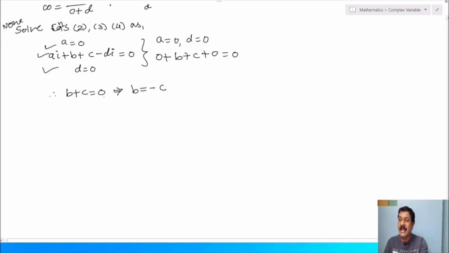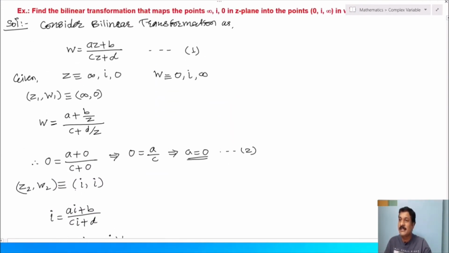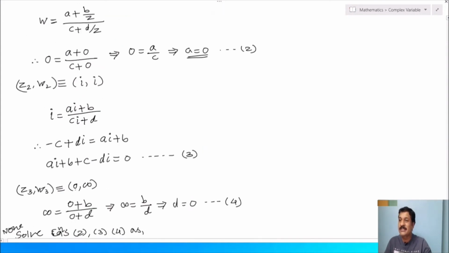Here 3 equations and 4 unknowns. So definitely one constant we have to put as K. So therefore, put C equal to K and therefore B equal to minus K. So all values we have now: A equal to 0, B equal to minus K, C equal to K and D equal to 0. Substitute these values in equation 1. Equation 1 is W equal to (AZ plus B) upon (CZ plus D).